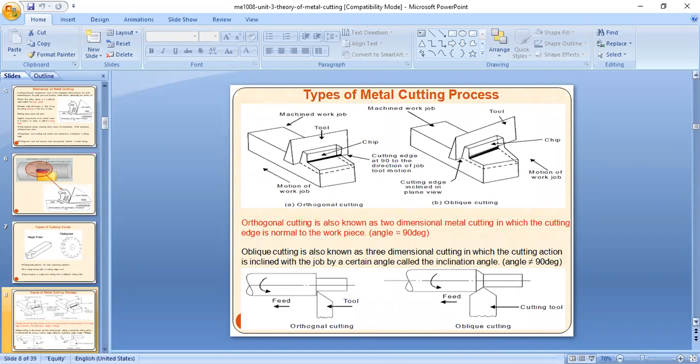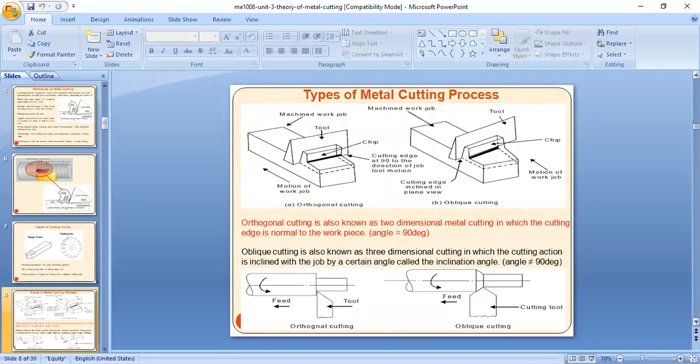All of you see, yesterday we also saw the types of metal cutting process: orthogonal cutting, and the other one is oblique cutting. You can easily see in the diagram how the work job moves, and how the tool cuts the chip. Orthogonal, you already know, is 90 degrees.